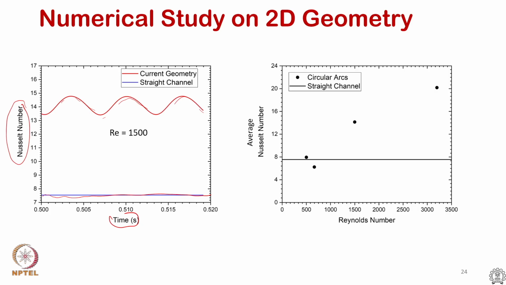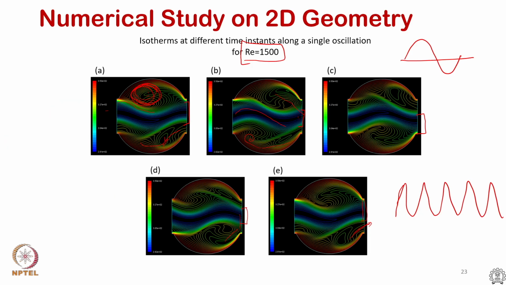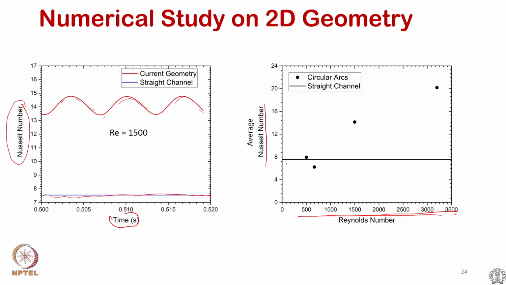So, this is now plotted as average Nusselt number as a function of Reynolds number. The average is obtained by averaging over the entire time. So, with circular arcs, the geometry that we just discussed, this is called a circular arc geometry, and the straight channel is going to give you this. At 500 it is roughly the same as the straight geometry.